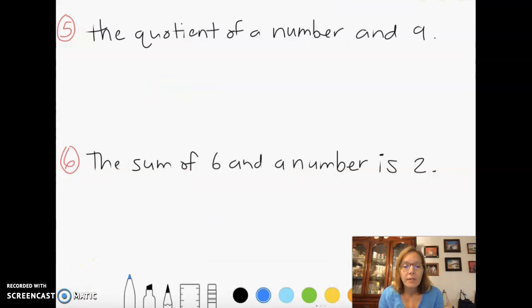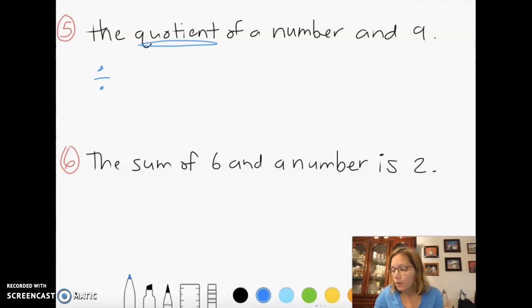Okay, number 5 says the quotient of a number and 9. I have to know what the word quotient means before I can write this as an expression. Quotient, anytime you see quotient, it's the answer to a division problem. It means division. So this problem is going to be divided.